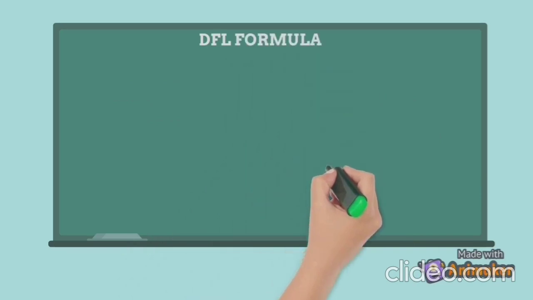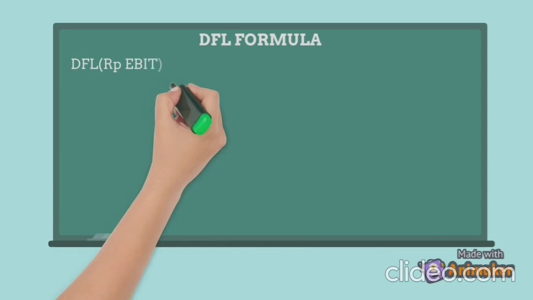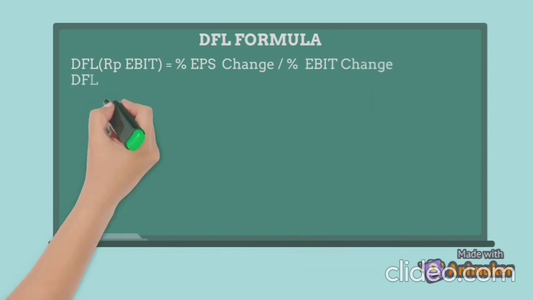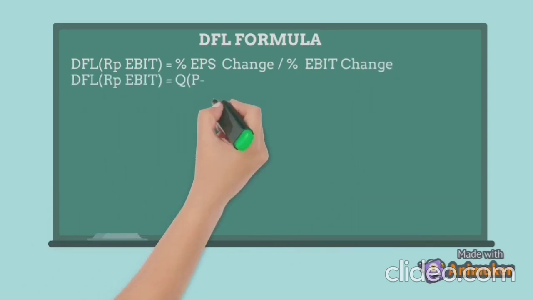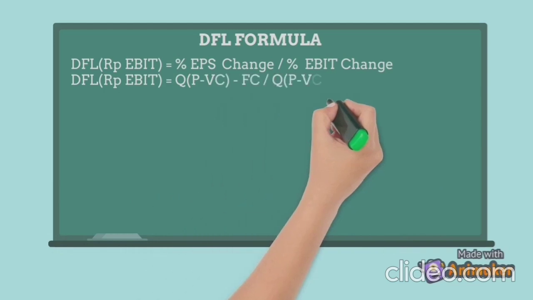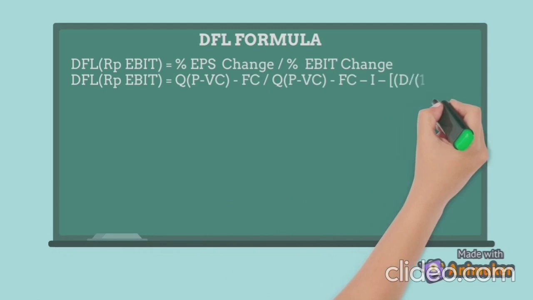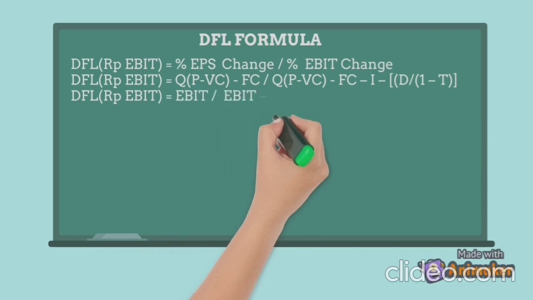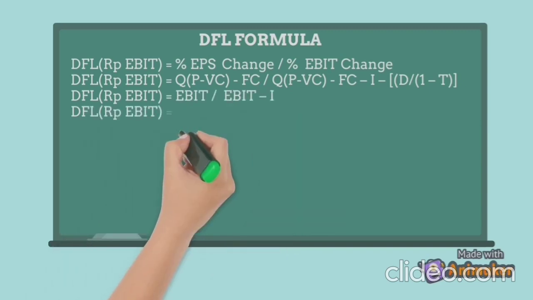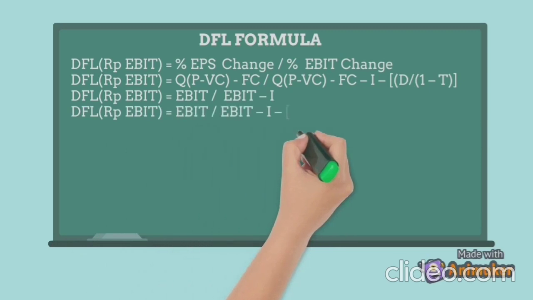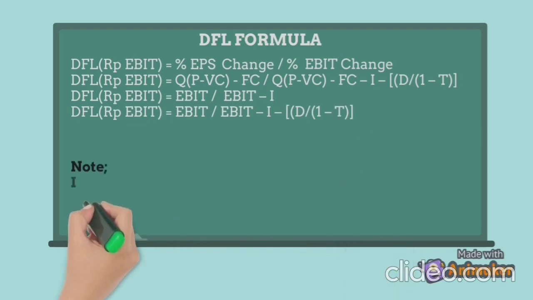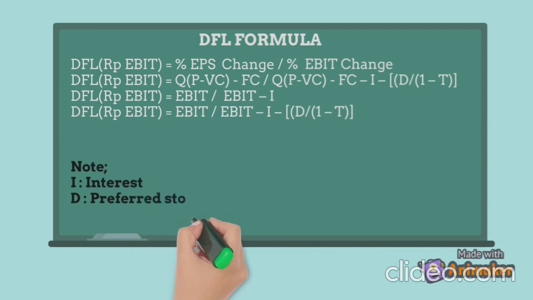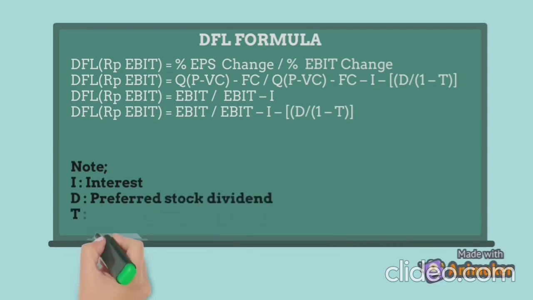Degree of financial leverage formula. It is calculated by percentage of EPS change divided by percentage of EBIT change, or Q times (P minus variable cost) minus fixed cost, divided by Q times (P minus variable cost) minus fixed cost minus interest minus preferred stock dividend divided by 1 minus tax, or EBIT divided by EBIT minus interest, or EBIT divided by EBIT minus interest minus preferred dividend divided by 1 minus tax.